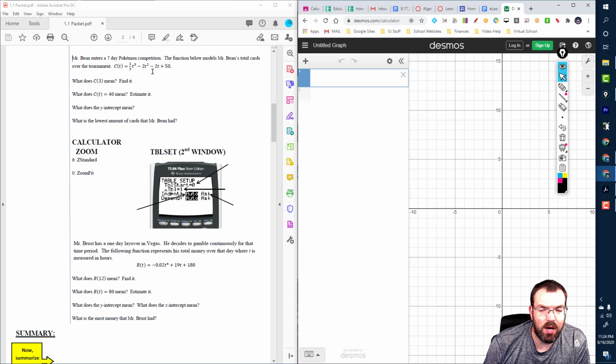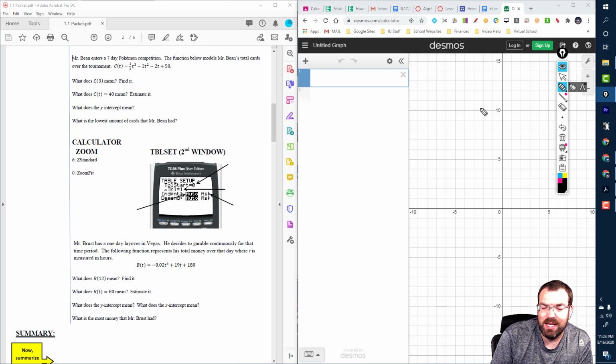So we talked a little bit about this the other day, where I can't use variables like t's and c's. I can only use y's and x's in my writing. So I'm going to change c of t to y. I'm going to change all of my stuff over here to just x's.